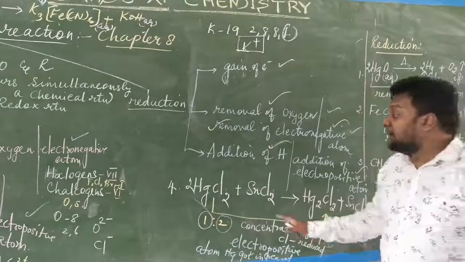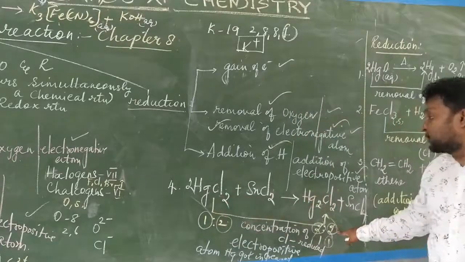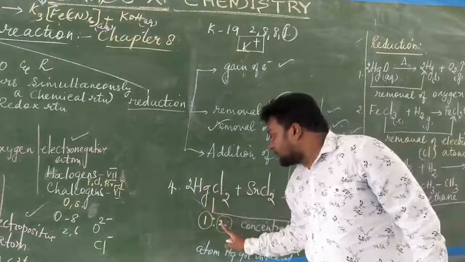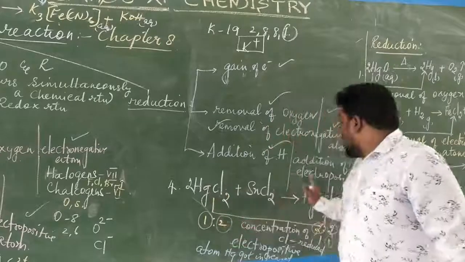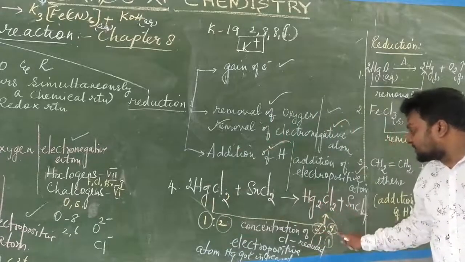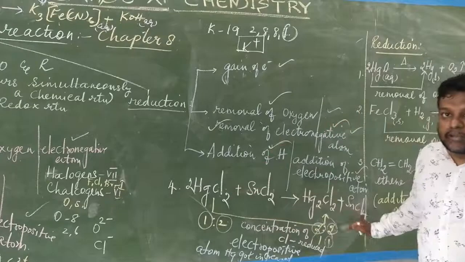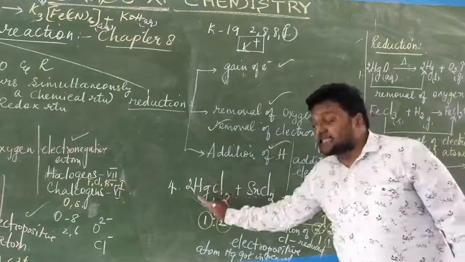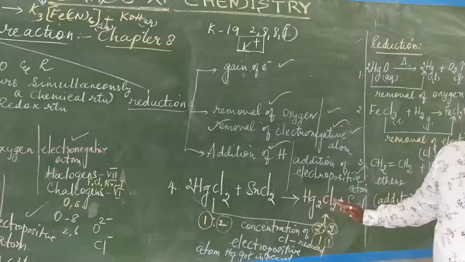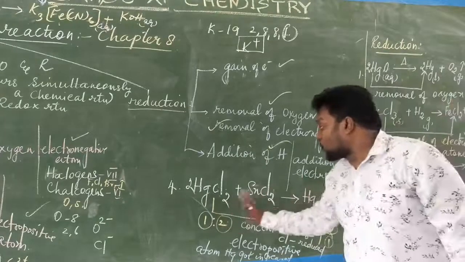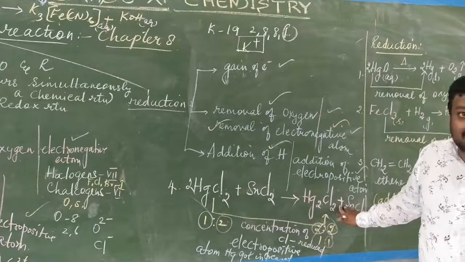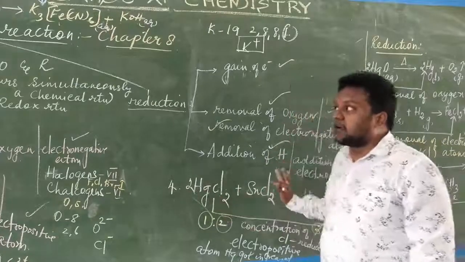And the chlorine ratio changes: with one mercury the chlorine is 2, and with 2 mercury the chlorine is 2. So the proportion of chlorine has reduced as the electropositive metal increases. So here addition of electropositive atom has taken place. Therefore this is called a reduction reaction.